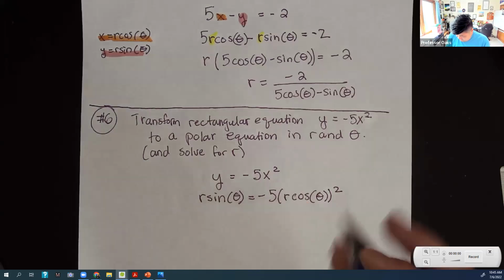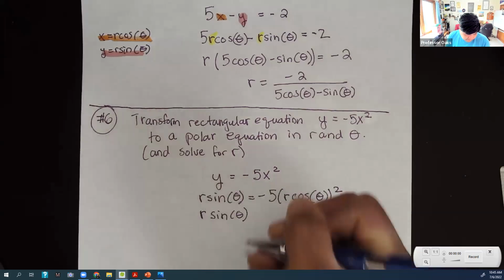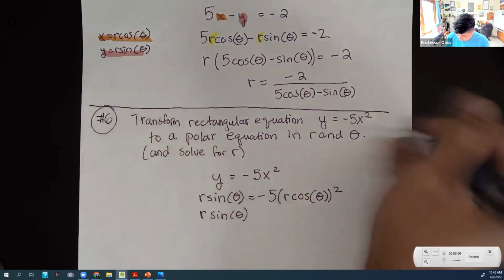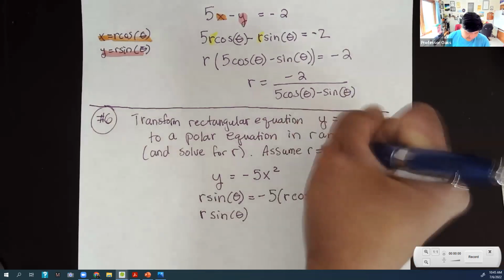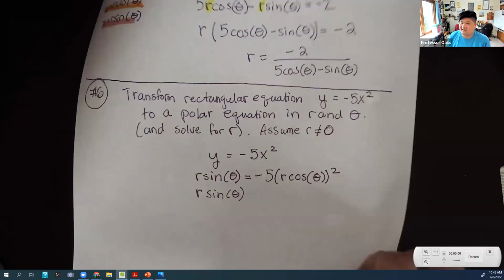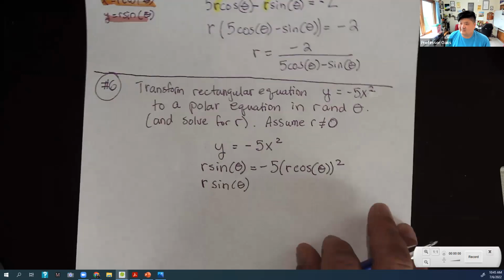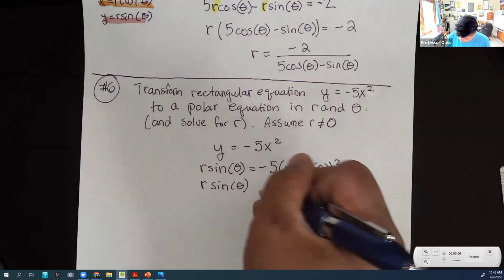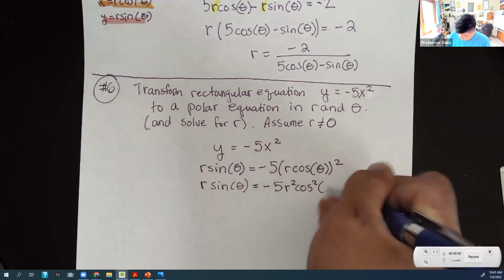Oh, yeah, and it also says assume r is not equal to 0. If you don't assume that, you can't do the next step. So that will be -5 r squared cosine squared of theta.